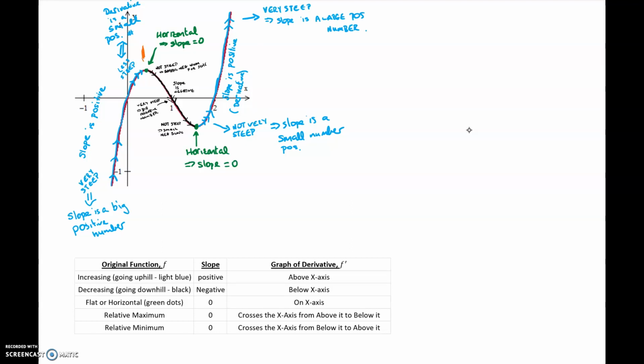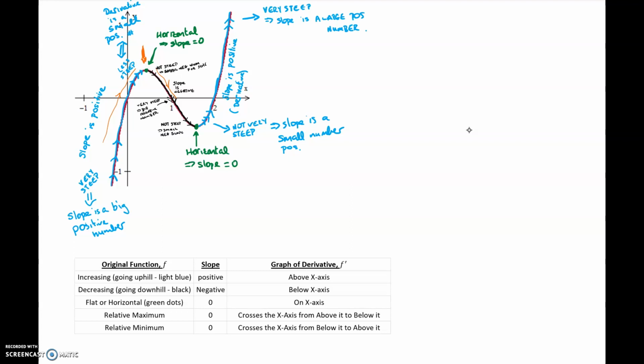This is the relative maximum, and the slope goes from positive on the left to negative. So at a relative maximum, the slope is 0, but it's changing from positive to negative, and the graph of the derivative will cross the x-axis from above the x-axis to below it.